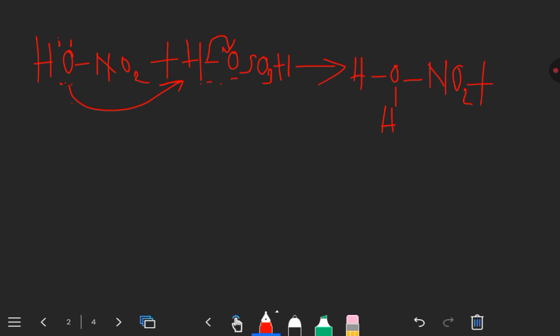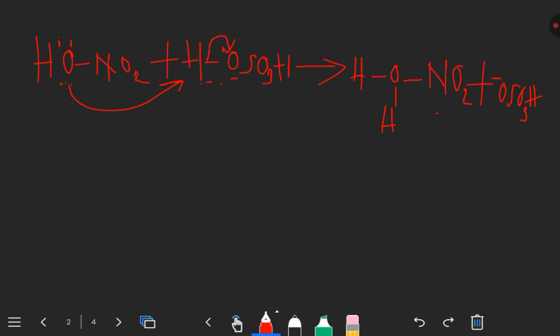Because oxygen has taken the electrons, this entire thing will be a base, making it negative. So we'll have oxygen with a negative charge there, then SO3H. So this is our base. Then we are trying to form an electrophile. So let's call this step 1.